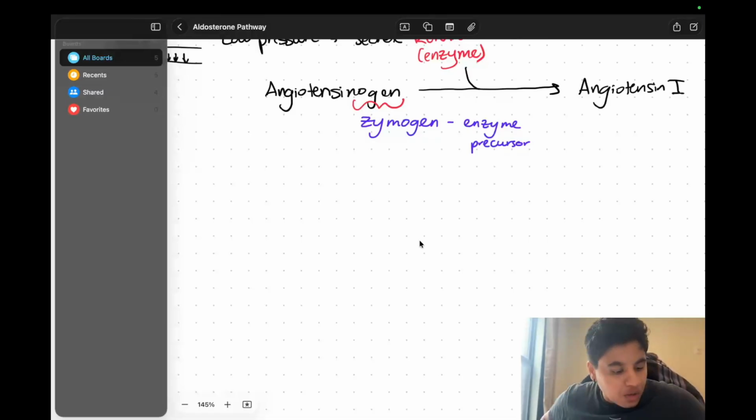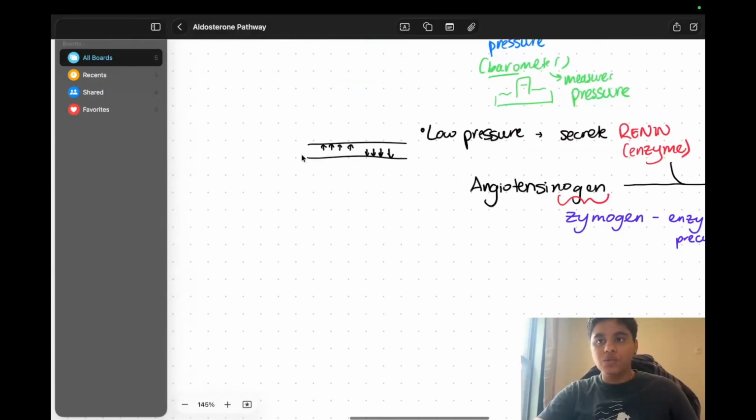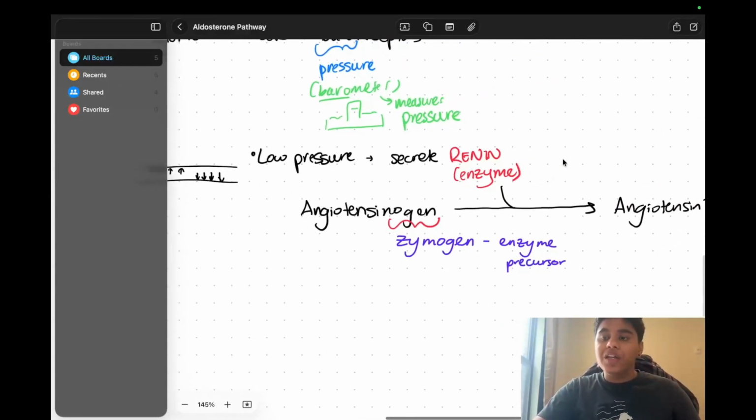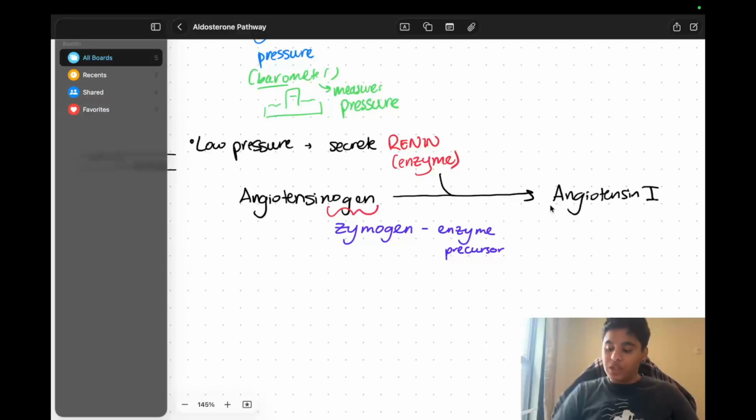Okay, so essentially, where we're at right now is there's low pressure, the blood pressure is low, so it's exerting less pressure against the walls of the capillaries, right? And your juxtaglomerular cells are secreting renin. Renin is now in the blood, right? When you say secrete, it's going to secrete it into the blood. Yeah, okay. So renin is in the blood.